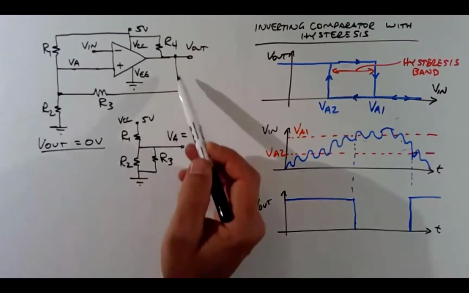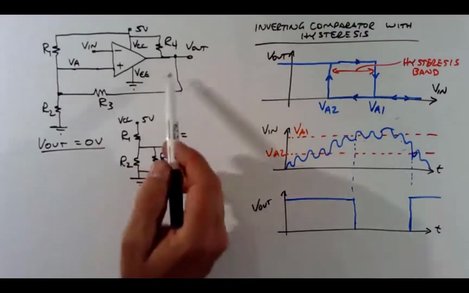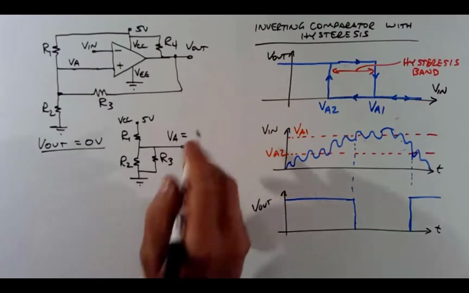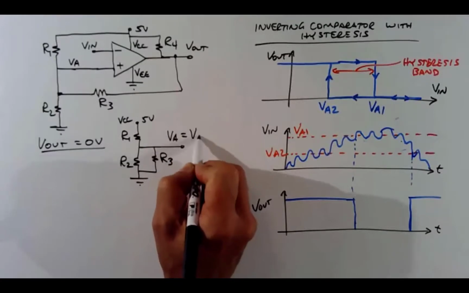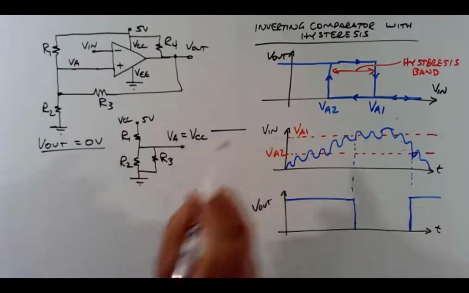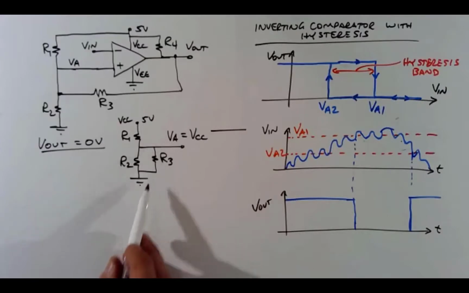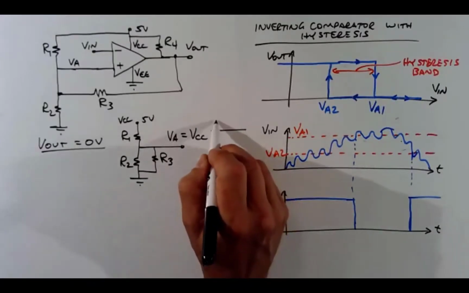I've just electrically changed, because V out is 0 volts. So what I can do here is calculate what VA is. VA will equal, let's use voltage division, VCC times the ratio of the resistance across which you're trying to find the voltage, which is R2 in parallel with R3.